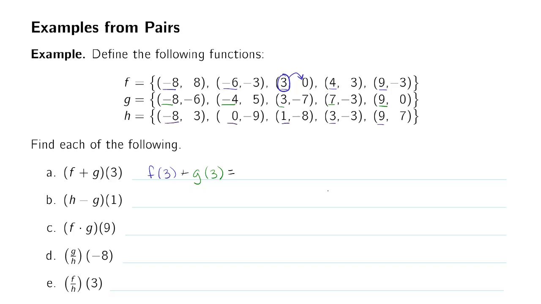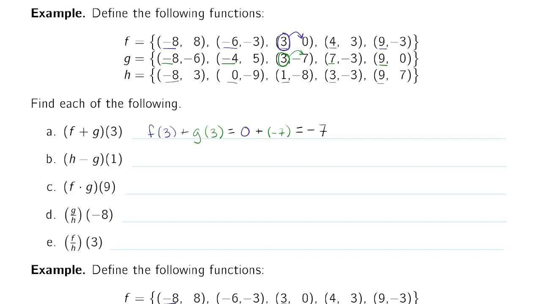So f of 3 is 0. Looking in the function g, we find the input 3 gives us the output -7. So g of 3 is going to be -7. F plus g of 3 is 0 plus -7, which is -7.